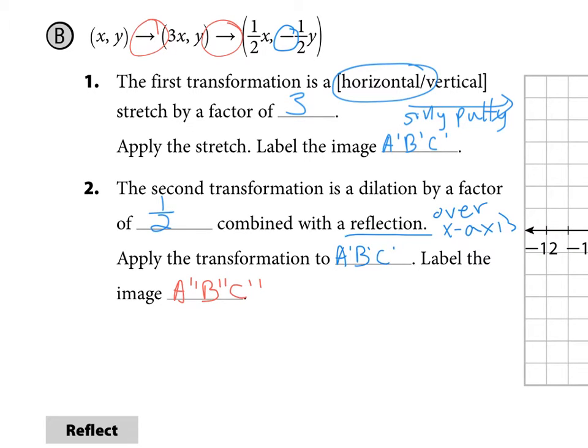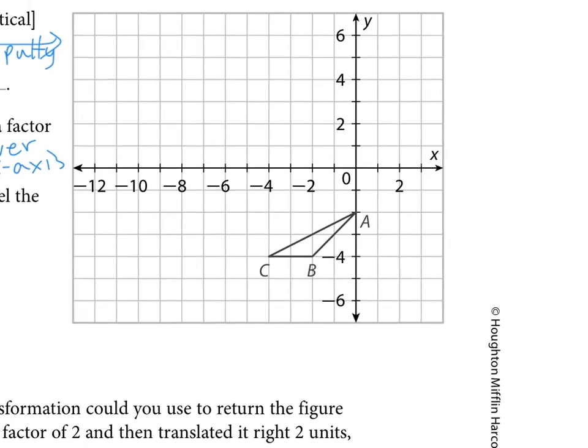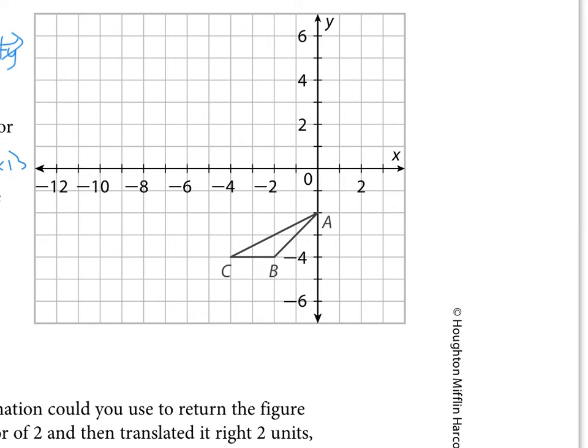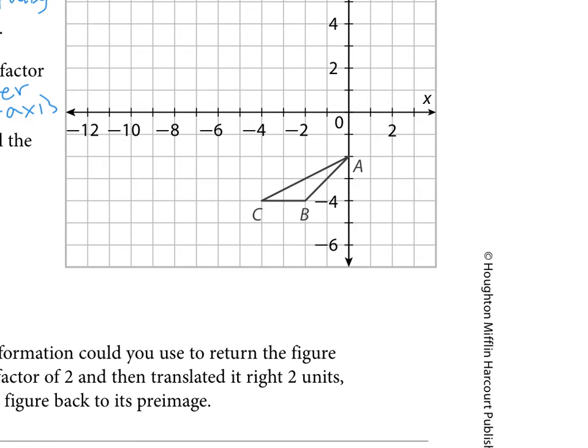If we move over to our graph, what I would highly recommend you doing is giving yourself some room, and I'm going to do it, I think, down below here, our graph. I'm going to move up a little bit, and make a list of points each time. Okay, so our points were A, B, and C here, and I'm going to make a big long list of these transformations.